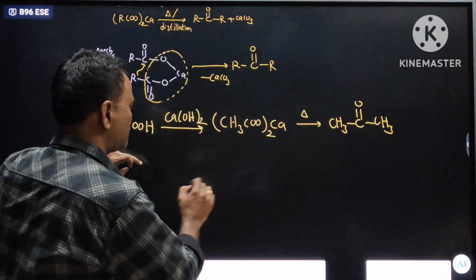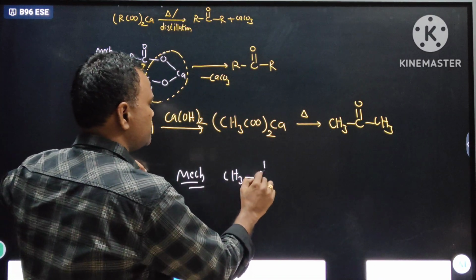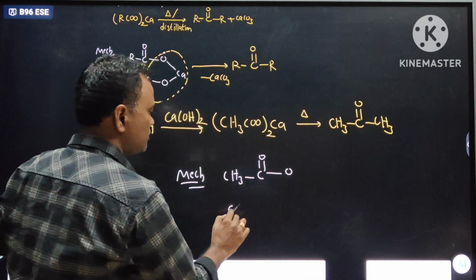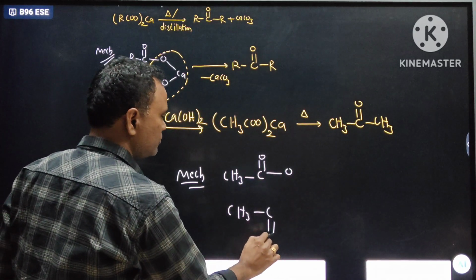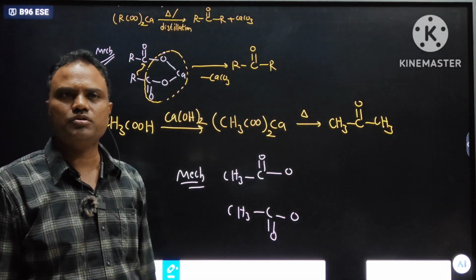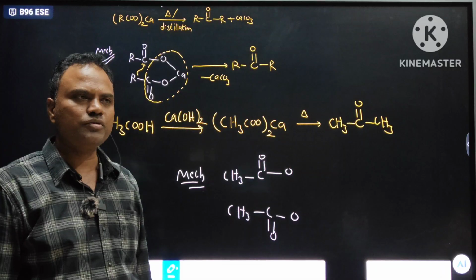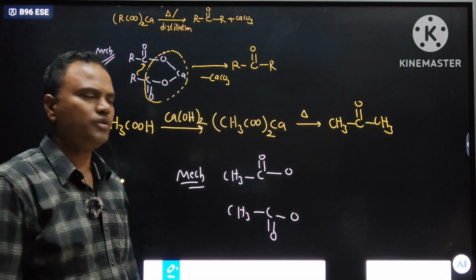CH3–C=O, O, CH3–C=O. How many times? 2 times. CH3CO taken twice, na? So I wrote 2 times. And how many calciums are there?